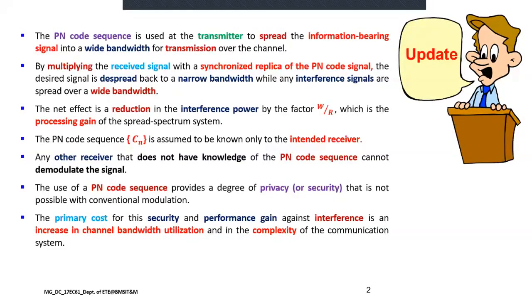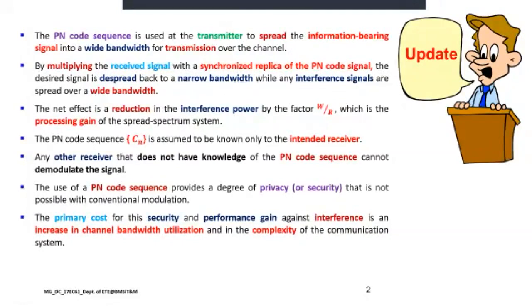The interference will still have a wide bandwidth. So the net effect is that we reduce the interference power by a factor of W by R, where W is the bandwidth of the channel and R is the bandwidth of the information signal. This is also known as the processing gain of the spread spectrum system.